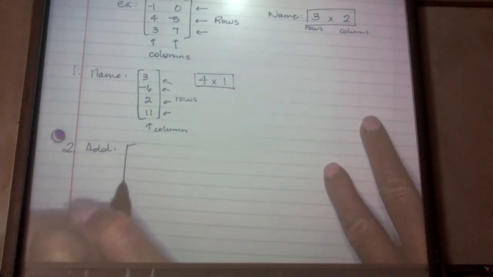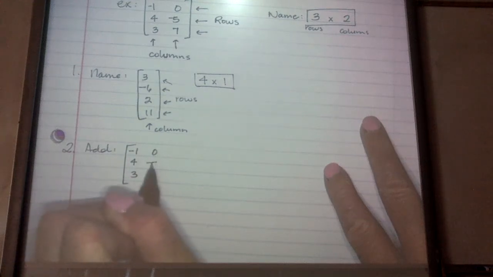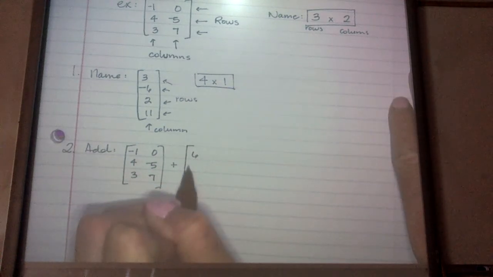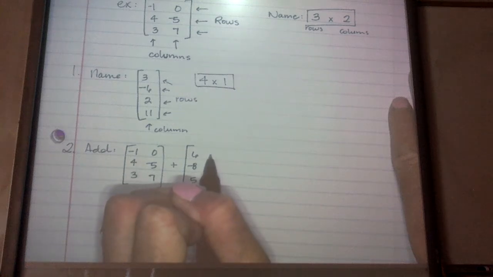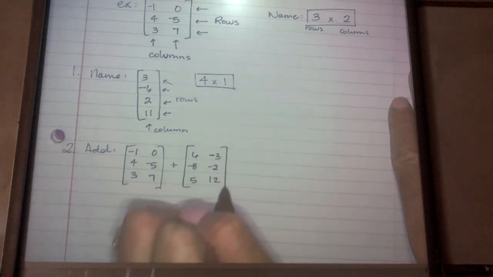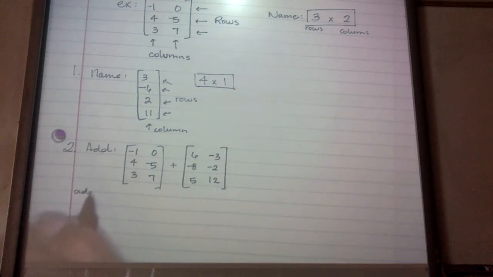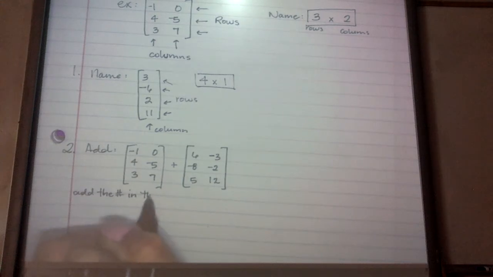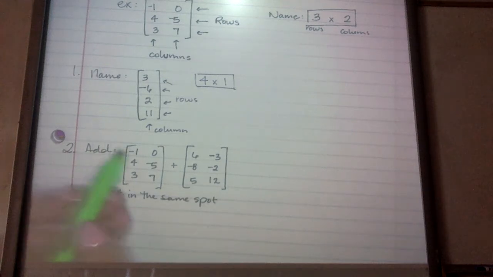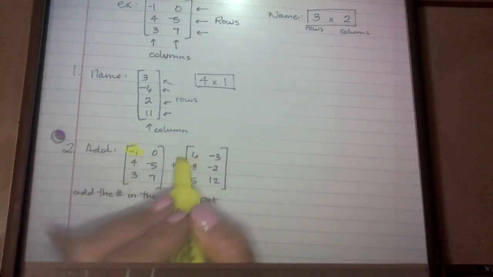Okay, so we're going to add the following. If I have, I'm going to keep the one above, negative 1, 4, 3, and 0, negative 5, 7, plus 6, negative 8, 5, negative 3, negative 2, 12. If I add these, I will add the numbers in the same spot. For example, negative 1 matches the position of 6.